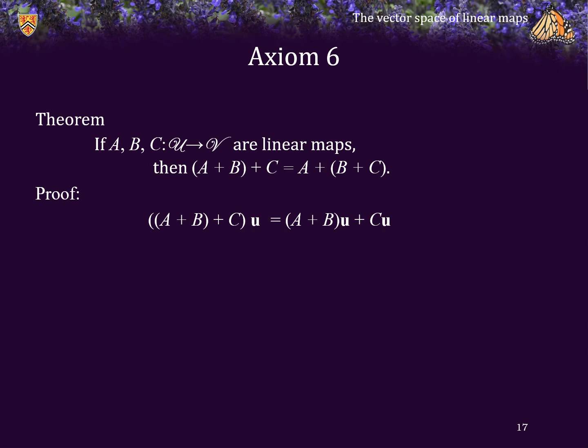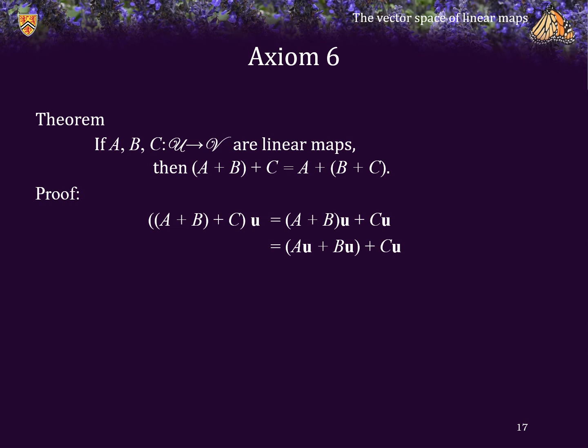So that just distributes across, by definition of the sum of two linear maps. But now we're left with A plus B applied to U, and once again, we can write down that definition as A applied to U plus B applied to U.